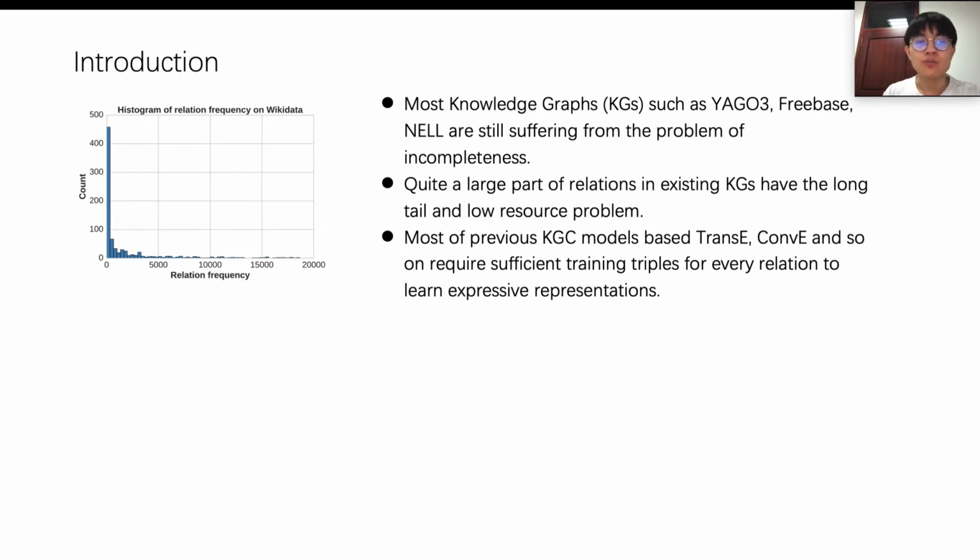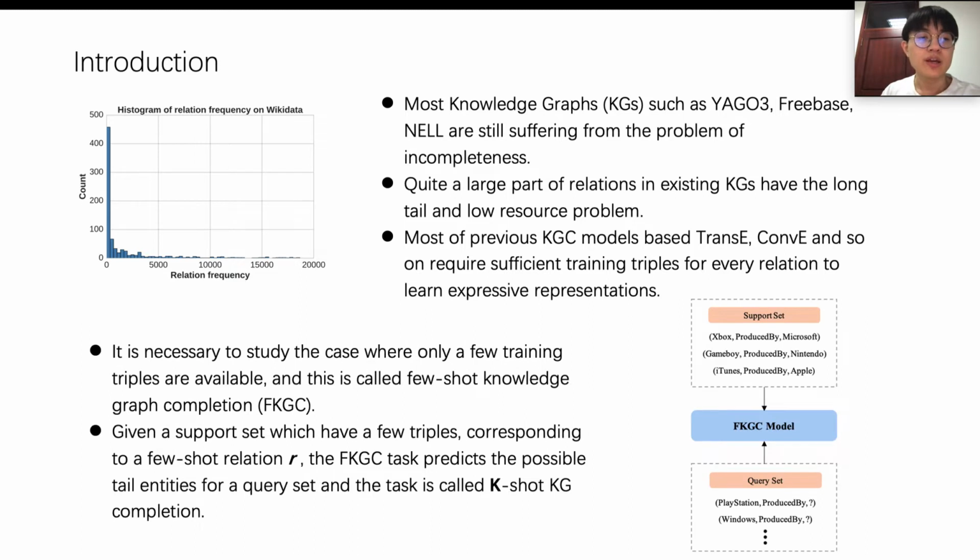But most of previous KGC models, based on TransE, ConvE, and so on, require sufficient training triples for every relation to learn expressive representations. So, it is necessary to study the case where only a few training triples are available, and this is called Few-Shot Knowledge Graph Completion, also known as FKGC.